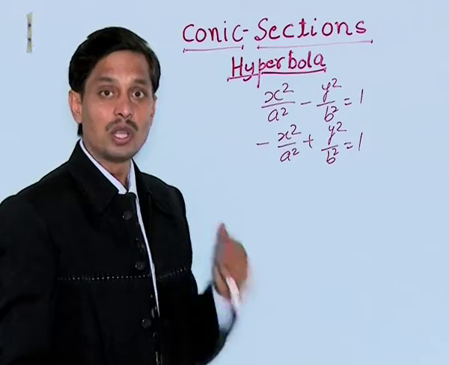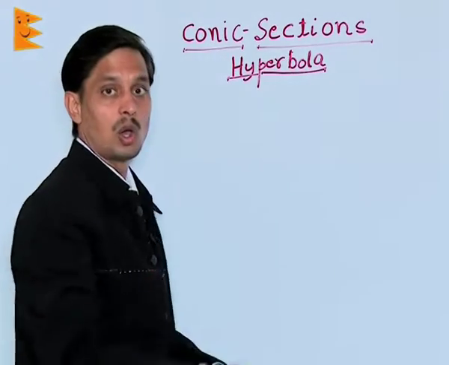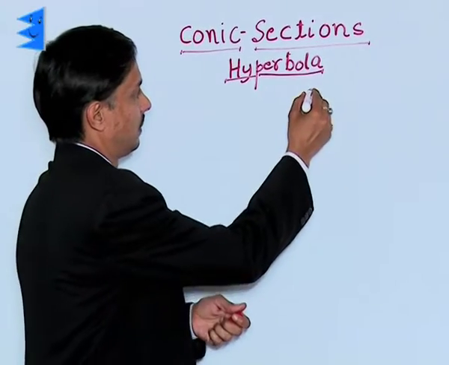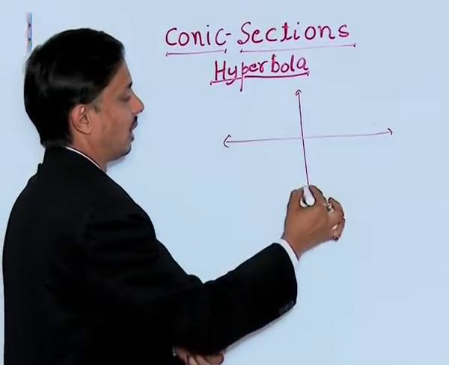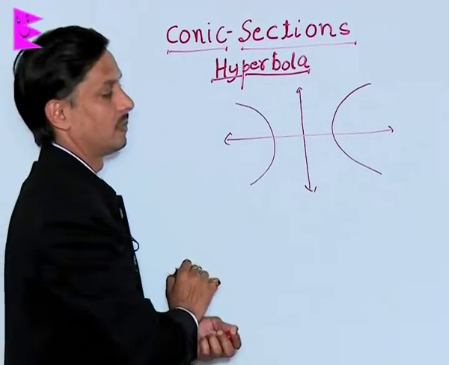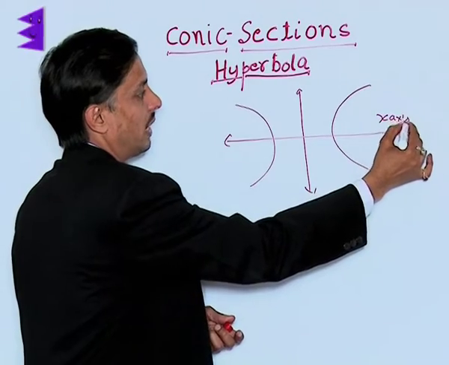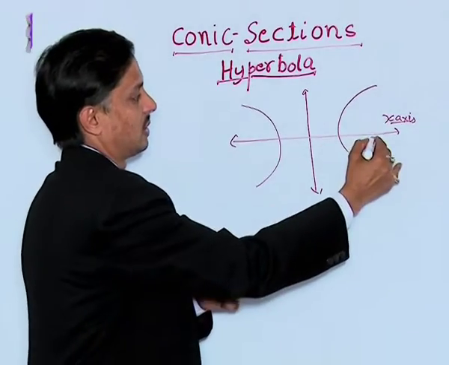So I want to discuss with you the information about the hyperbola of type 1. If we have a hyperbola, this is the type 1. The x-axis is known as its transverse axis.